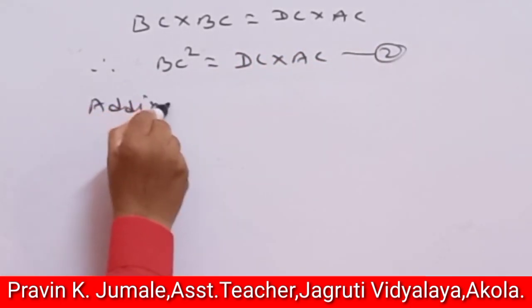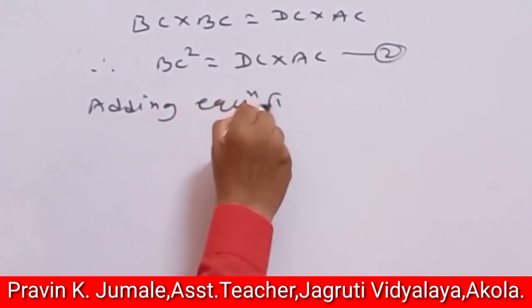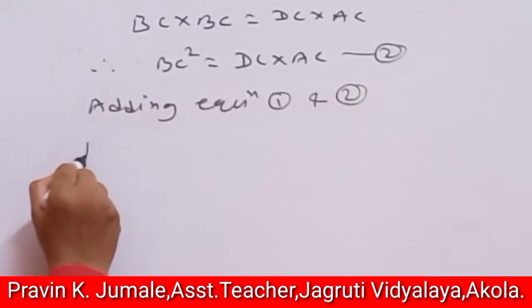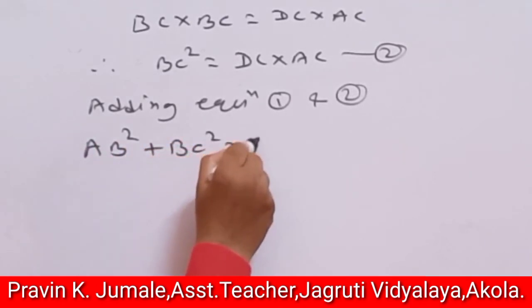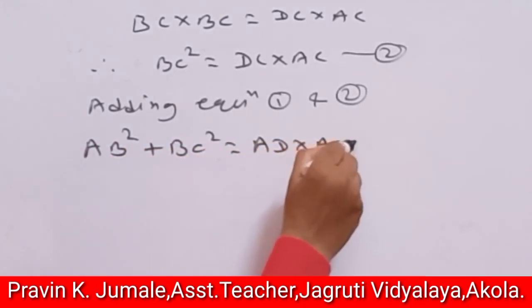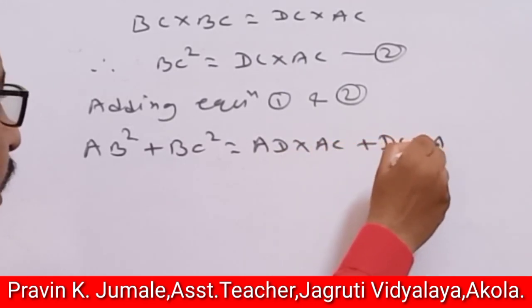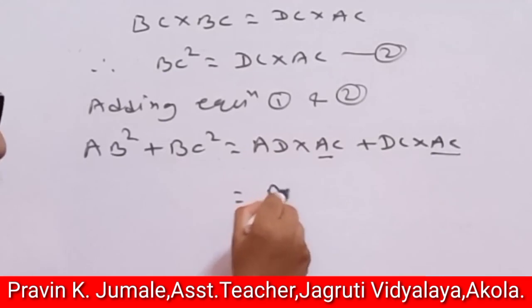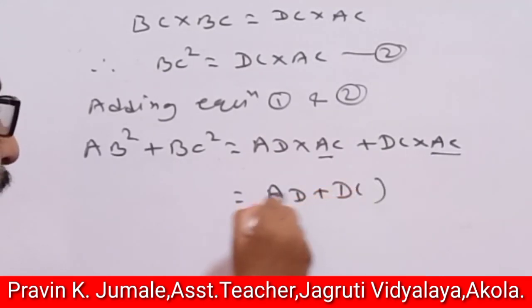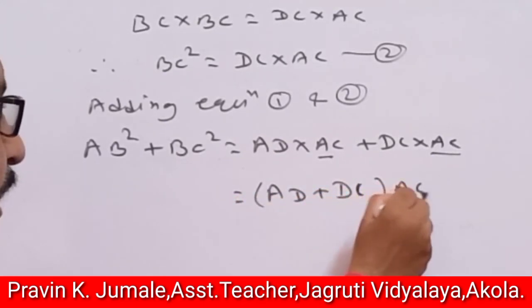Adding equation 1 and 2: AB square plus BC square is equal to AD multiplied by AC plus DC multiplied by AC. AC common, means AD plus DC into AC.